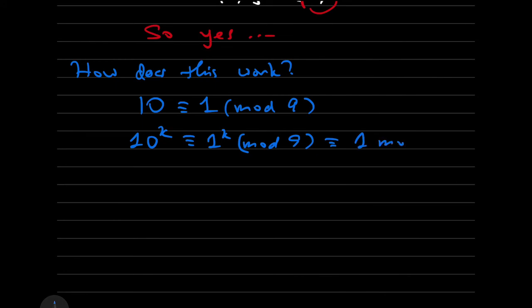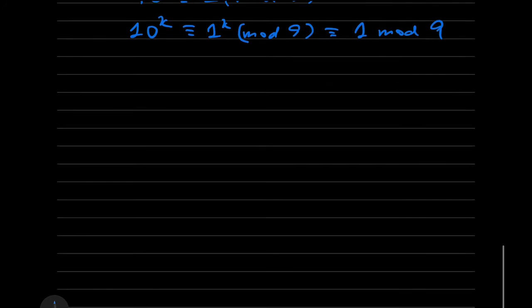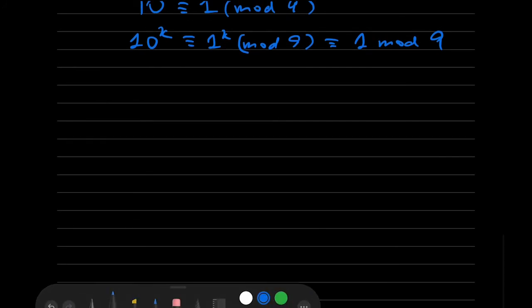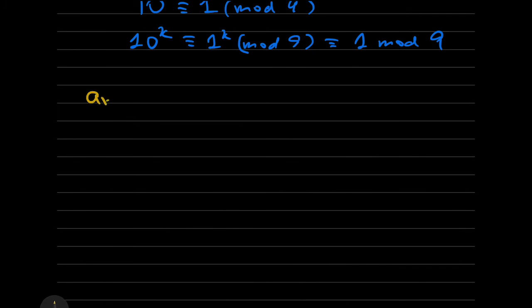If the digits of n are given by a_k, a_(k-1), and so on down to a_2, a_1, a_0, then n is a_k times 10 to the k plus a_(k-1) times 10 to the k minus 1 plus and so on plus a_2 times 100 plus a_1 times 10 plus a_0 times 1. That's what it means when we write a number in decimal form.